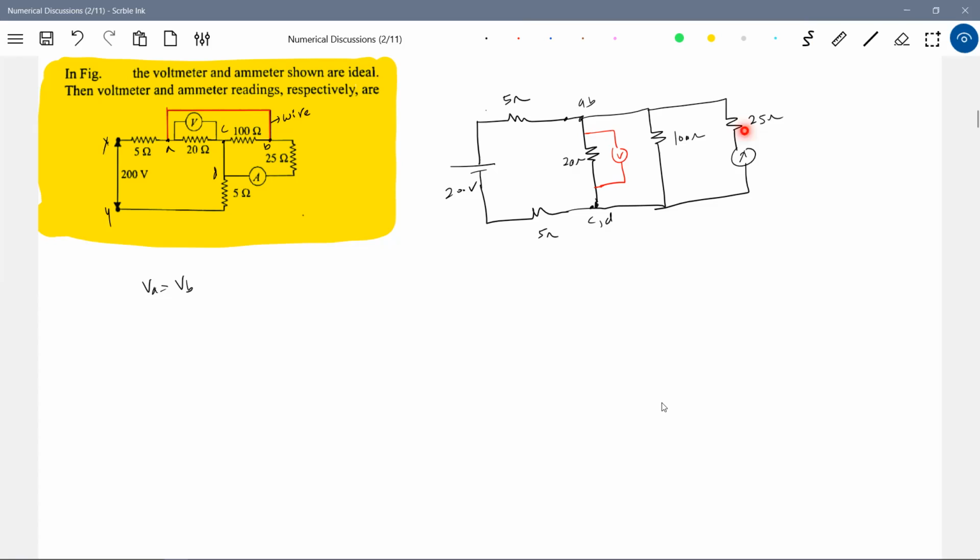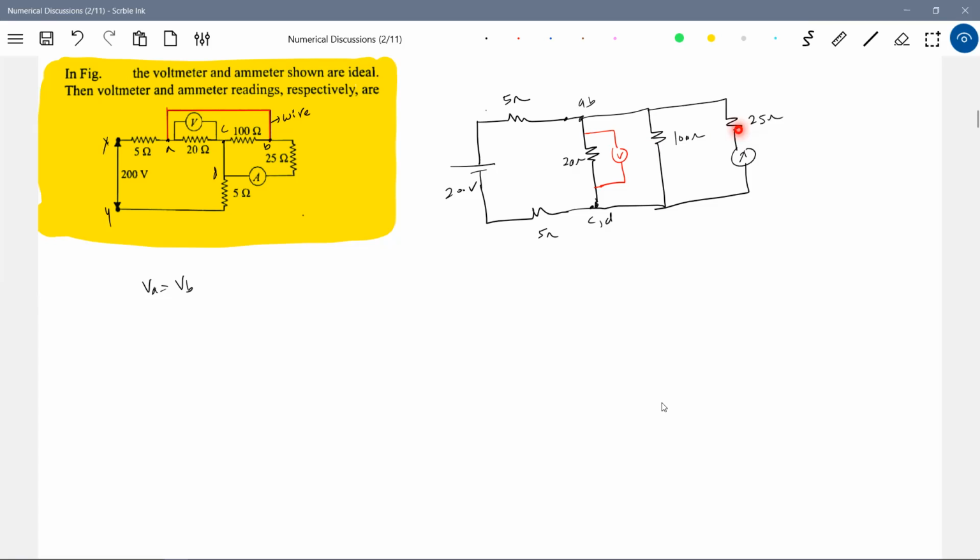No, this will be 25. So effective resistance. If you want, you can write this as 10 ohm. All these are parallel. So first, let's get the effective resistance.